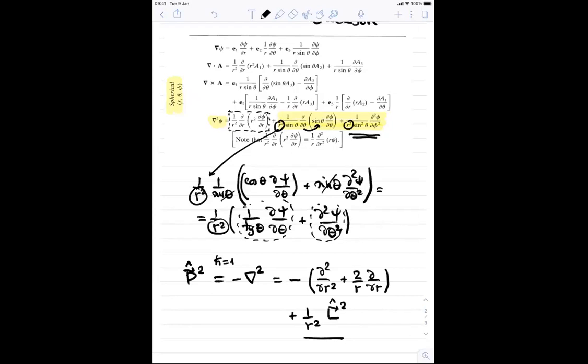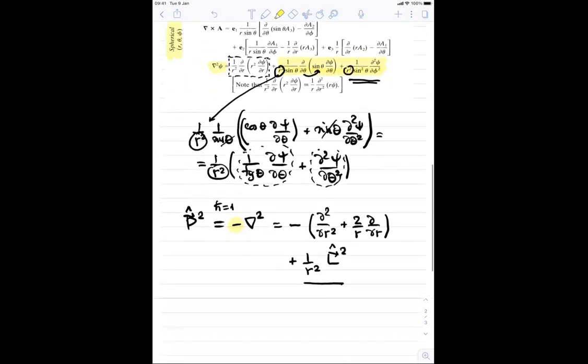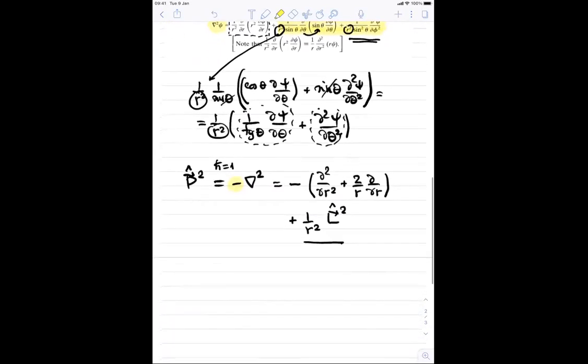Notice there are a couple of minus signs. This minus sign here is actually embodied in the angular momentum, you see there, okay? So there is no need to put an extra minus sign in front.